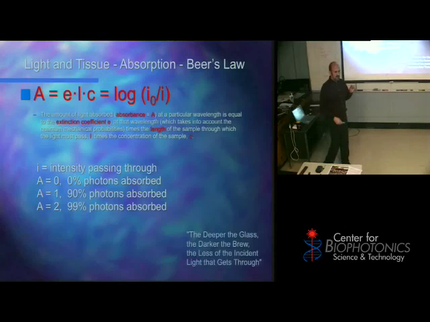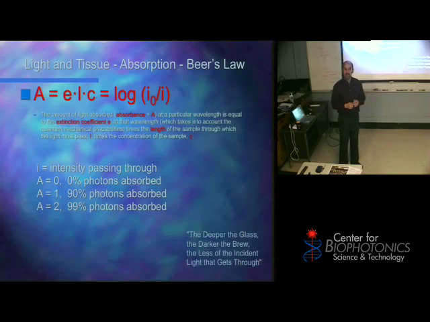So what this says is, for a specific molecule, I have this very specific number at this specific wavelength. So DNA will absorb at 250 nanometers this much. It's very specific. Then I multiply it times the path length of how much of my molecule the light is going through, times the concentration of my molecule.